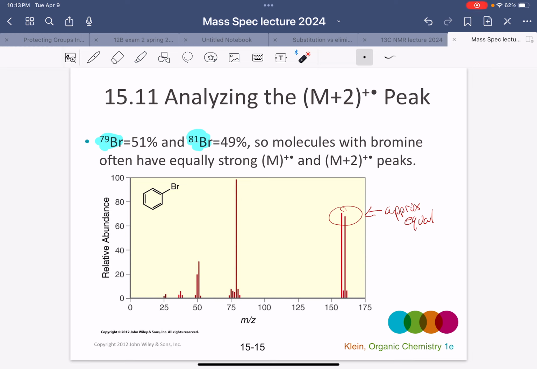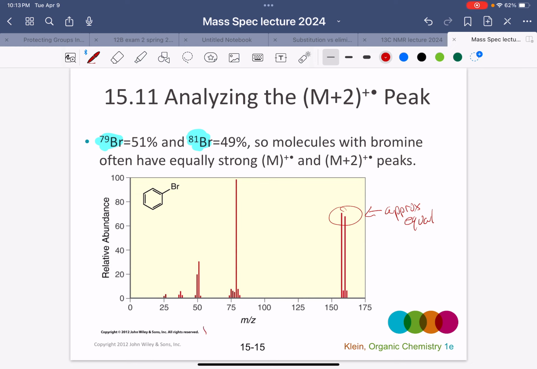Now, what about iodine? If you had iodine, you should see a peak at 127 from the actual iodine itself when it fragments. Okay, so I'll just mention that as an aside here.